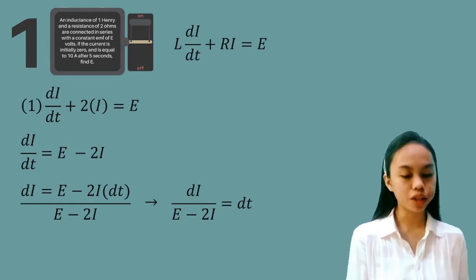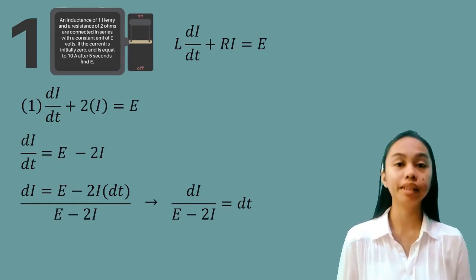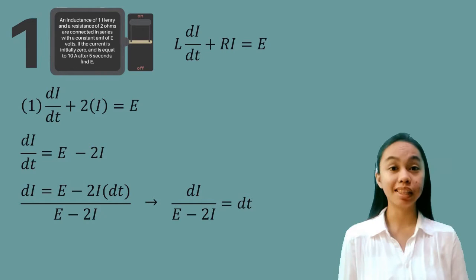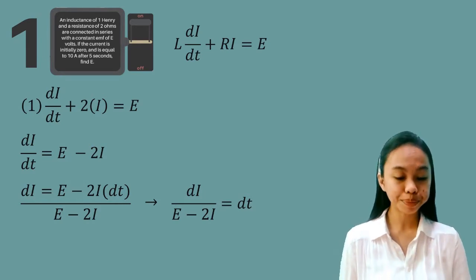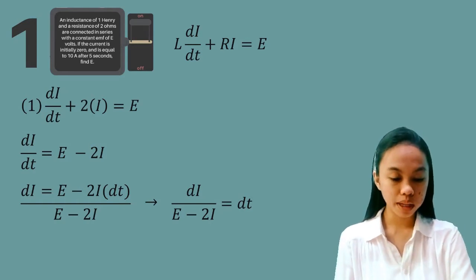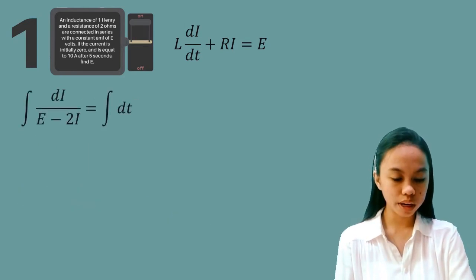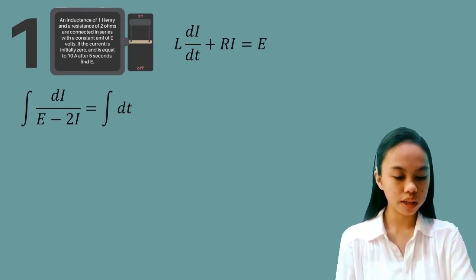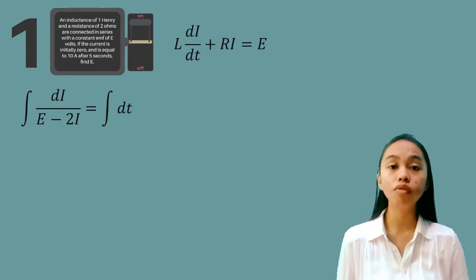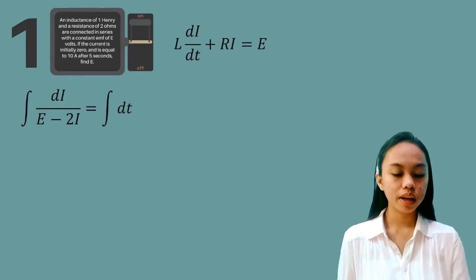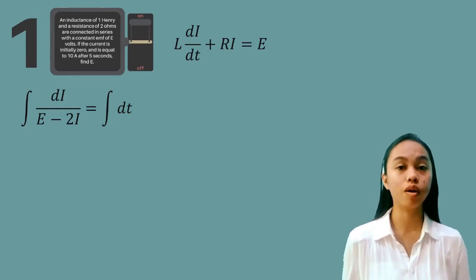In this equation, di/(E - 2I) = dt, we have already isolated the variable I together with its differential di from the differential dt. So we will integrate the equation: the integral of di/(E - 2I) equals the integral of dt. Before we integrate, we first go back to our two conditions.